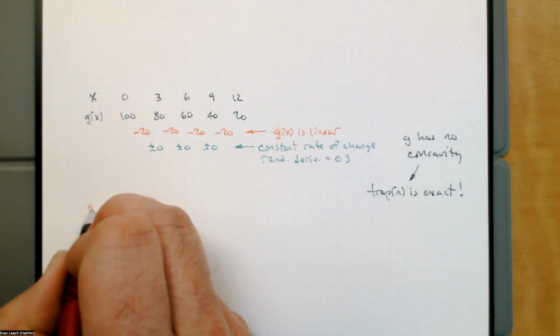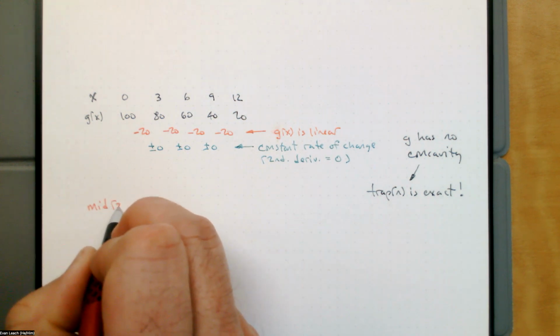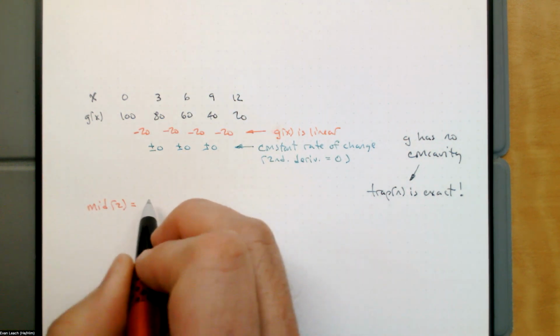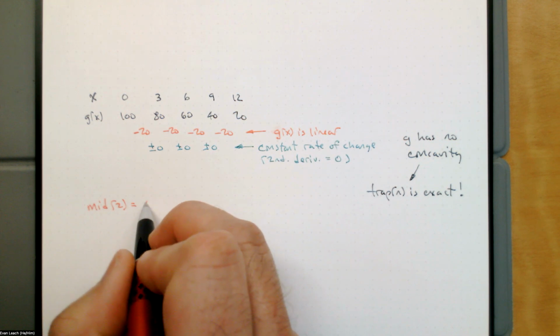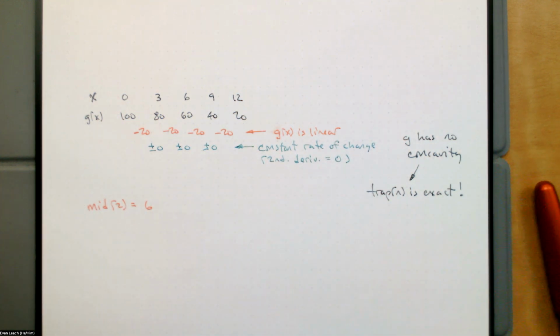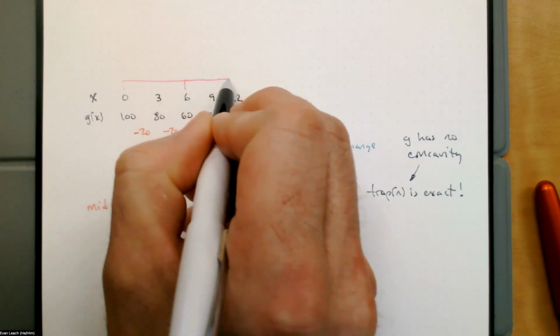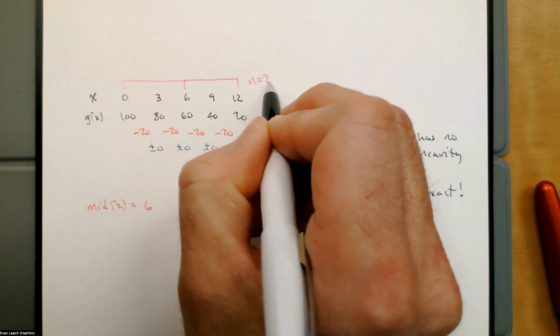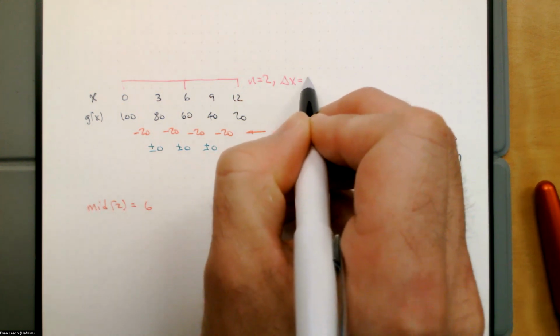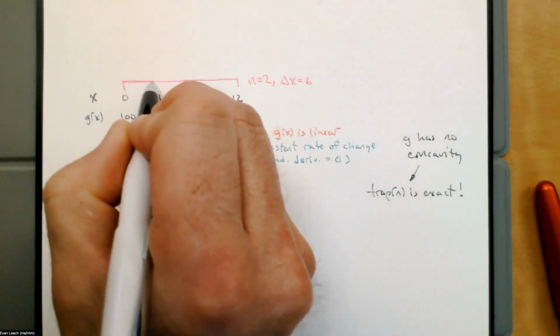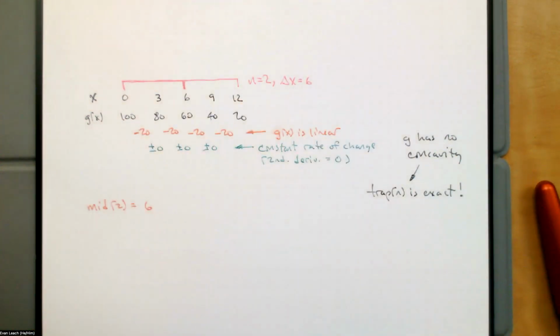If we do a midpoint approximation, we still have a delta x of 6, because we're doing still two rectangles or 2 trapezoids.